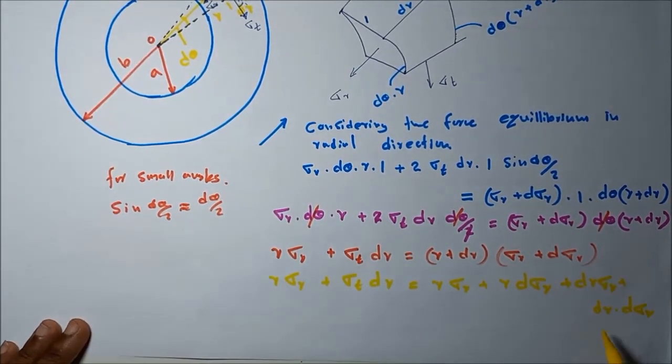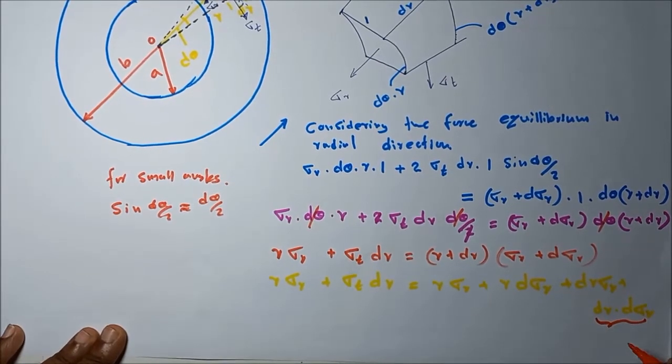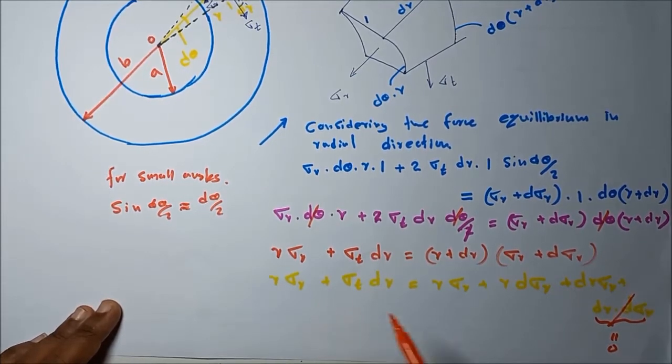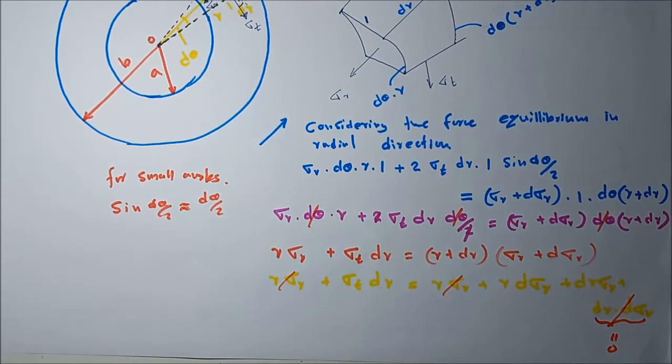Here you can see the multiplication of two small terms, that we can equate to 0. Here also you can see r sigma r on both sides; we can cancel that also.